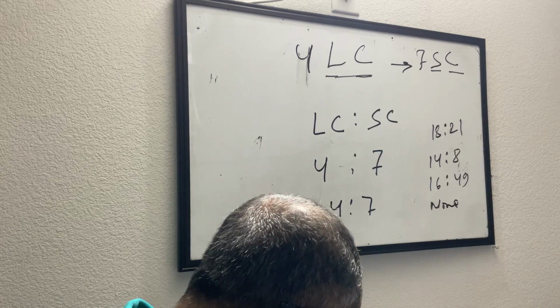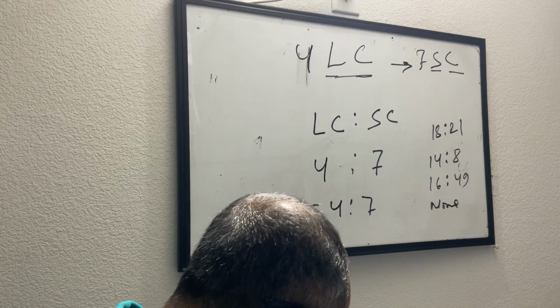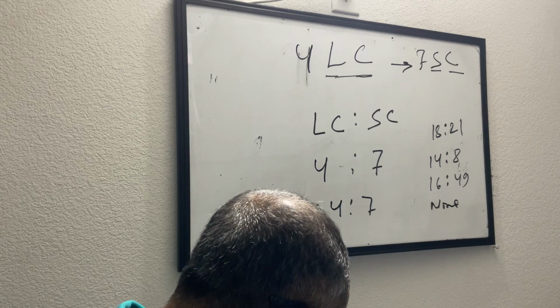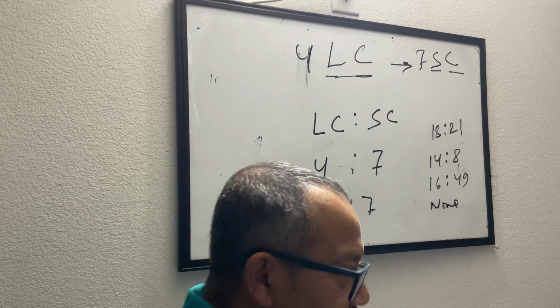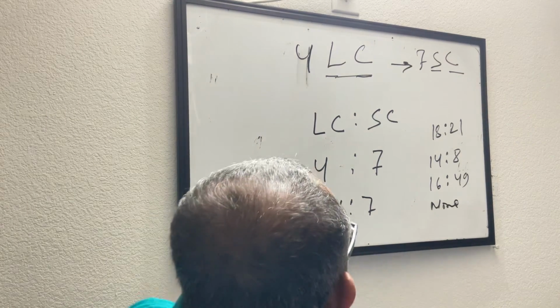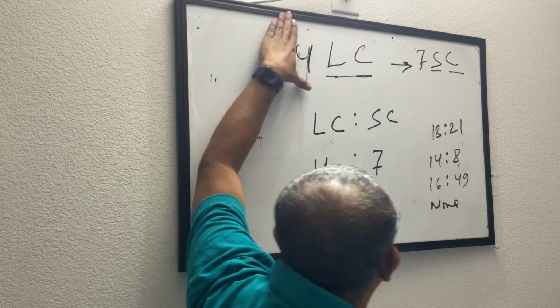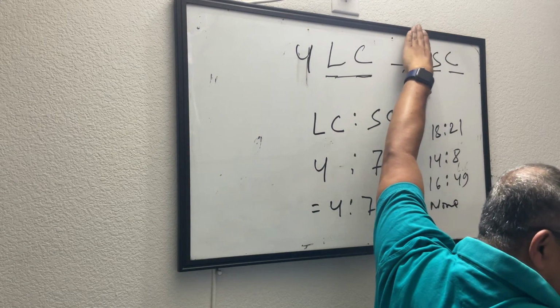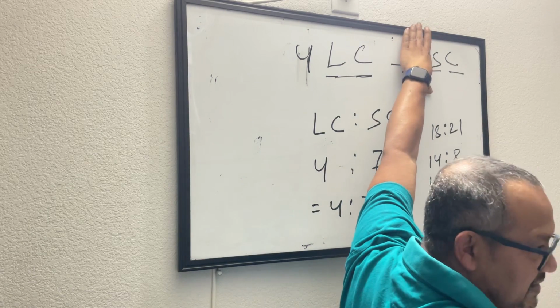Which ratio could represent the number of large containers of milk to small containers of milk in an order from the grocery store? The grocery store orders 4 large containers of milk for every 7 small containers of milk. 4:7. This is the ratio in which it's ordering.